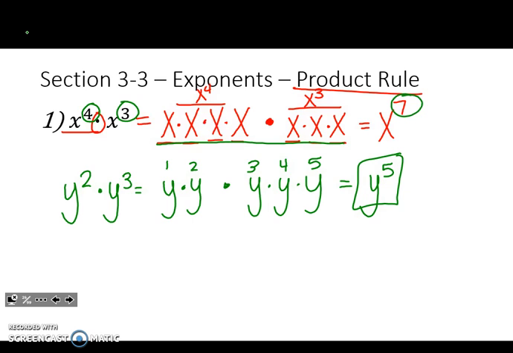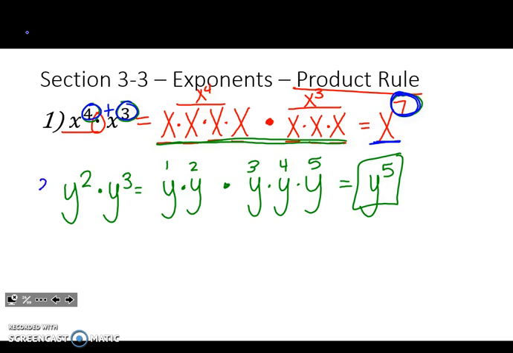So instead of making you write it out every single time, the easier way to state what the rule is: if I take the exponent of 4 and the exponent of 3 and I add them, since they're the same base, 4 plus 3 is 7. So we're going to keep our base the same and add the exponents.